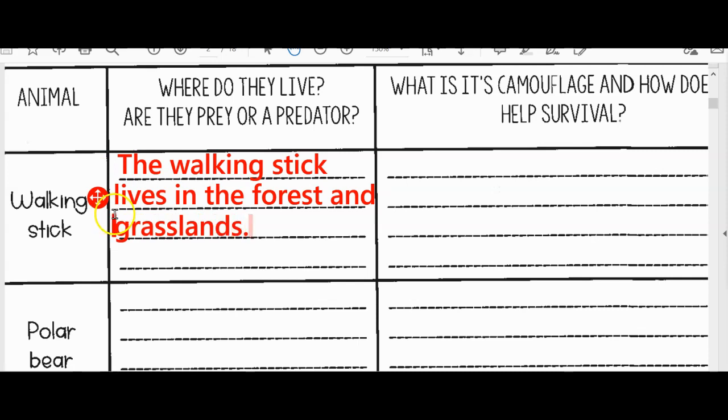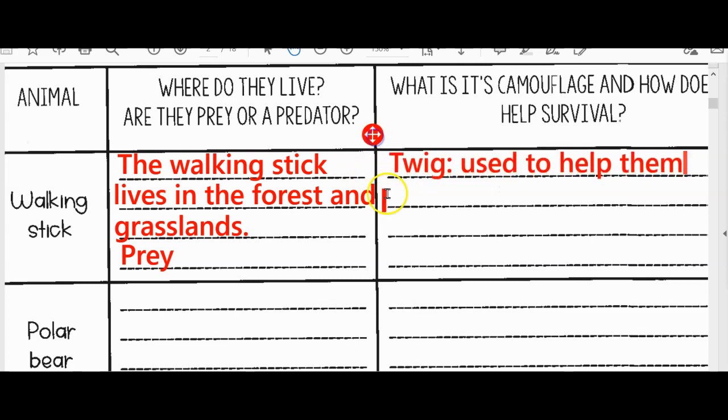Then the second part of the question says, are they a prey or predator? They're a prey. And what do they use as an adaptation? It looks like a stick or a twig, right? It's used to help them, what was that word?